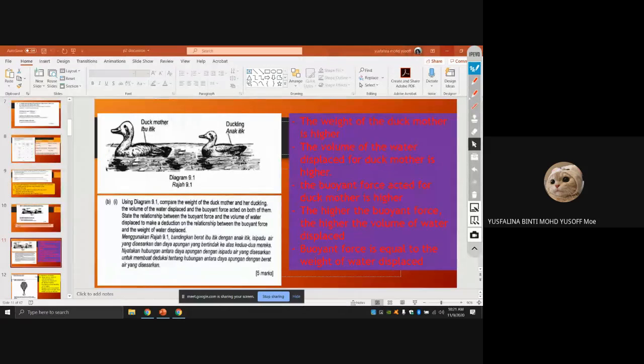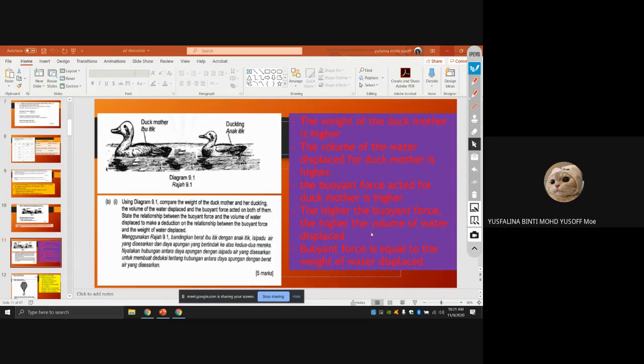Remember that Archimedes said the weight of liquid displaced is equal to the buoyant force. So if the volume of liquid displaced for the mother is higher, the buoyant force acting on the duck mother is also higher. Then the higher the buoyant force, the higher the volume of water displaced.